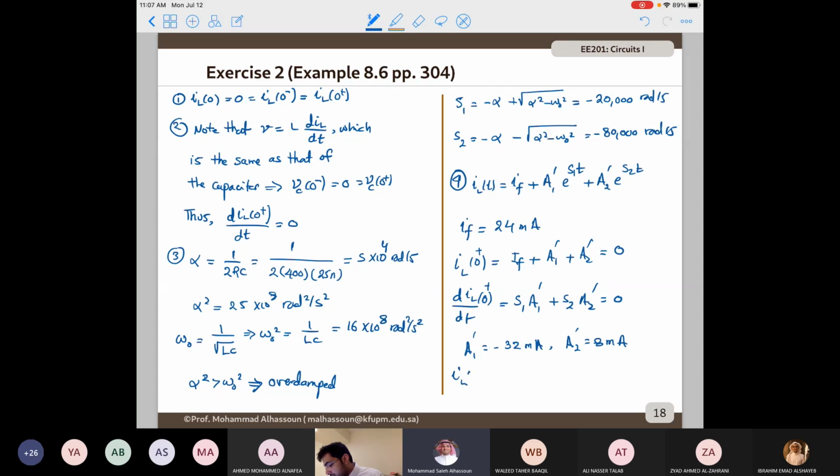So the solution is going to be 24 minus 32 e to the power minus 20 thousand t plus 8 e to the power negative. The unit is milliampere, and this one is true for t greater than or equal to 0. Any questions about this?